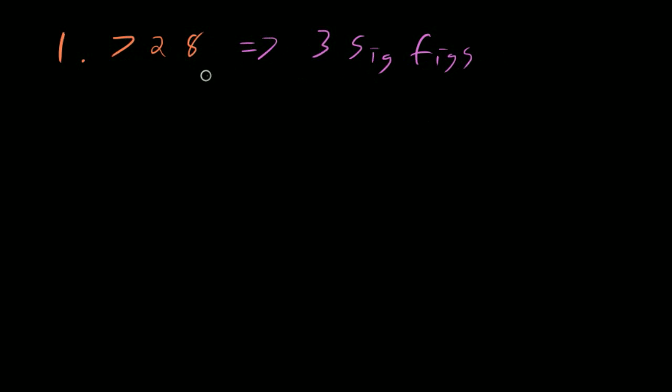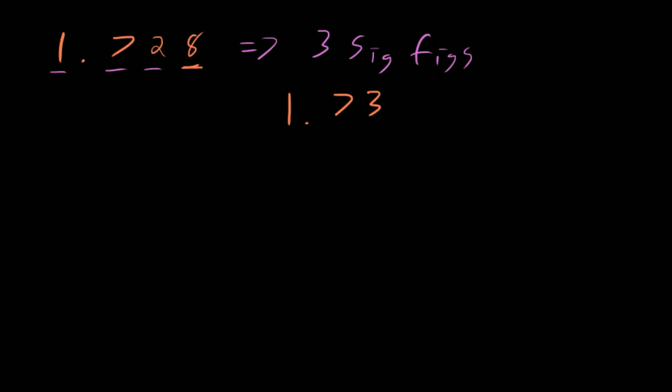What's it going to be? We're going to have 1, 2, 3 significant figures, and then we round up because the digit past the least significant figure is higher than 5. So this is going to be 1.73 with 3 significant figures.